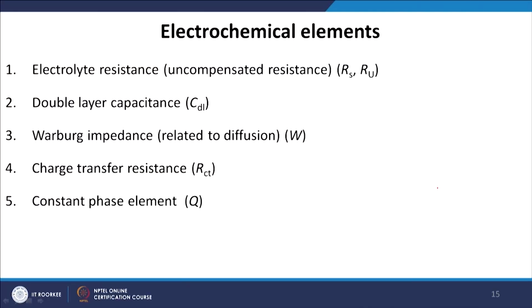Now, what are the different contributions of the electrochemical cell when we measure the electrochemical impedance? One is the electrolyte resistance. In an electrochemical cell we use electrolytes, and the electrolyte can also provide resistance, which is usually called an uncompensated resistance, represented by Rs or Ru.